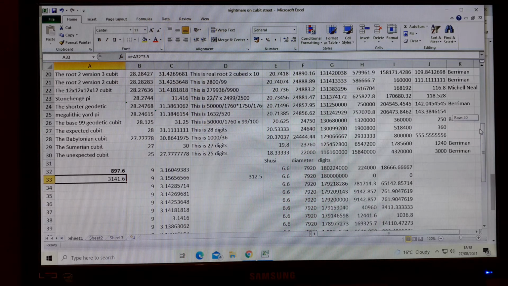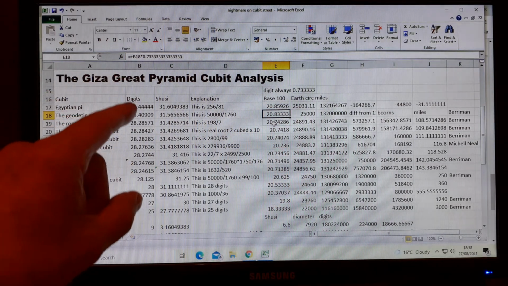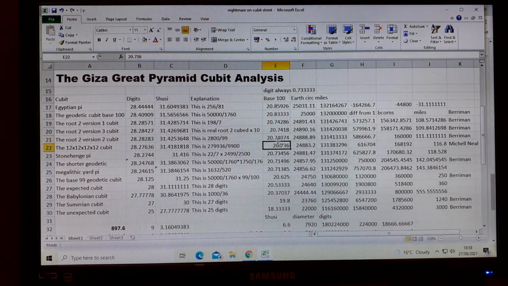And here it is. Every one of these versions of the Cubit here is against a digit of 0.733. Digit always 0.733. Look. It's in the calculation, it's automatically built in.